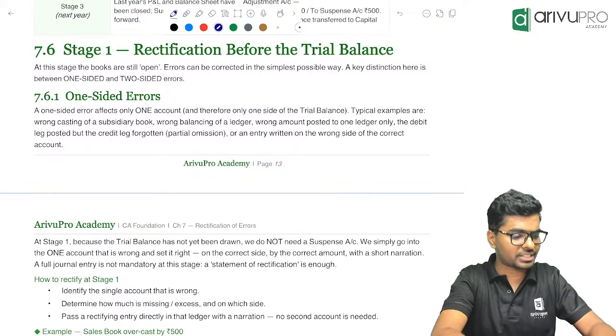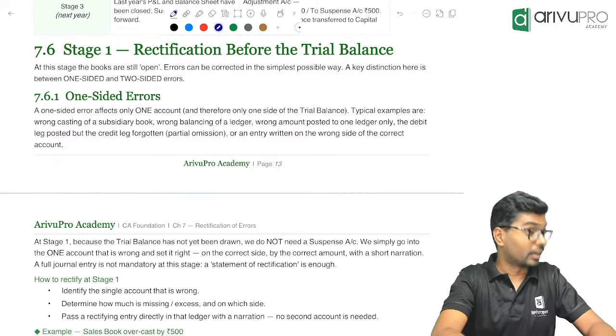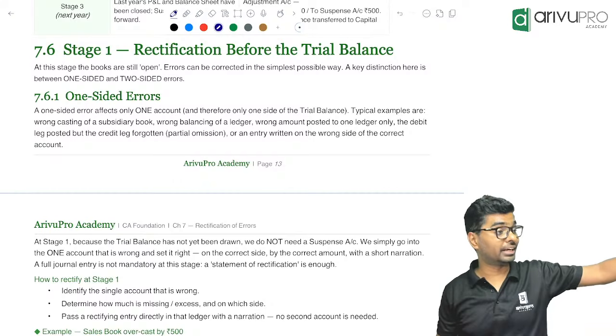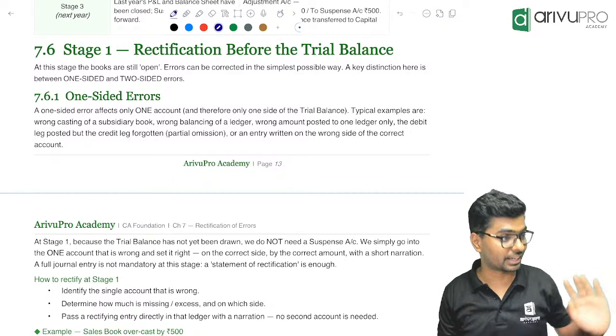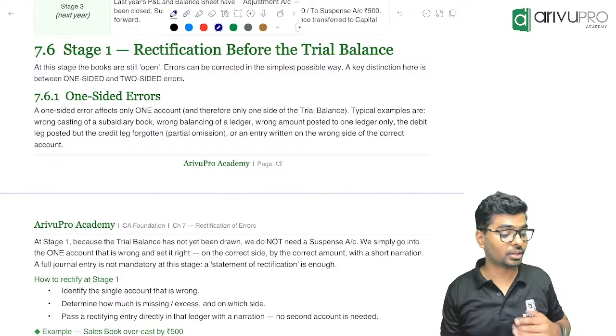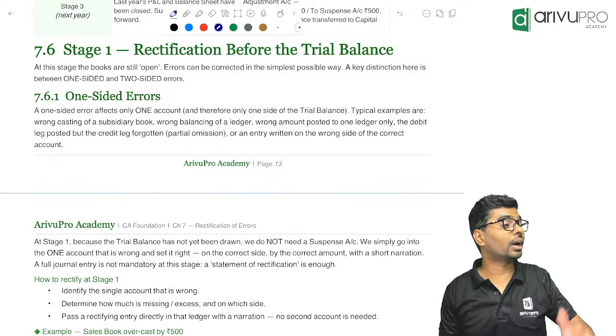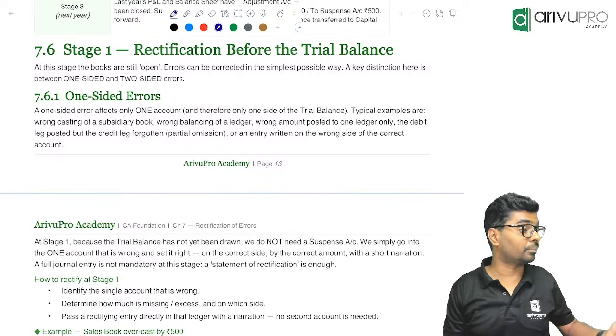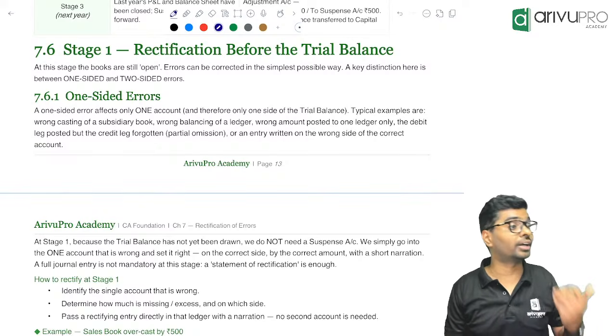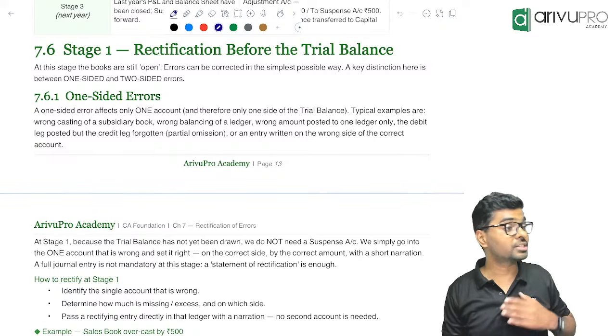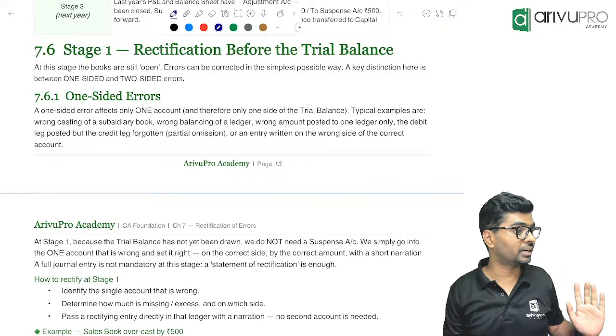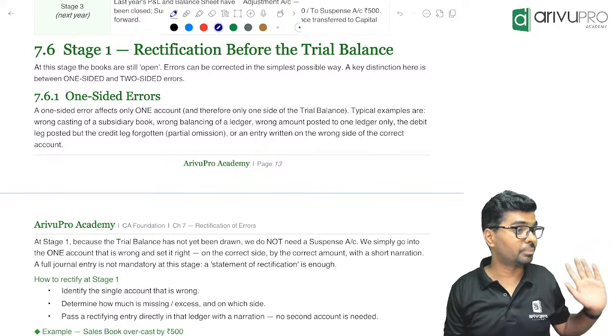Now, Nivash is saying, sir, how do you rectify it? Is it you have to go to the ledger and write there the entry called by purchases? I am saying the moment you do that, you are unnecessarily giving another purchase entry which was not even required. Because have I done the purchase account properly?